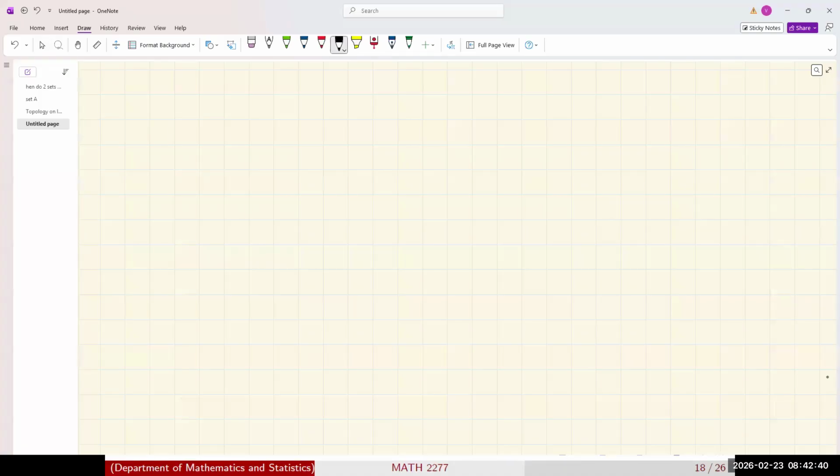Okay, so what am I drawing? This is some set A, right? And we know a couple of things. A is open if and only if A is equal to its interior.